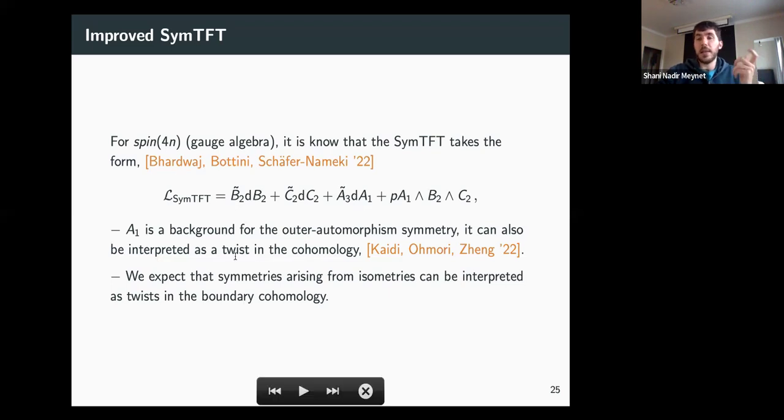And this twist is precisely what we trace back to the outer automorphism, the action of the outer automorphism on the cycles in the boundary.